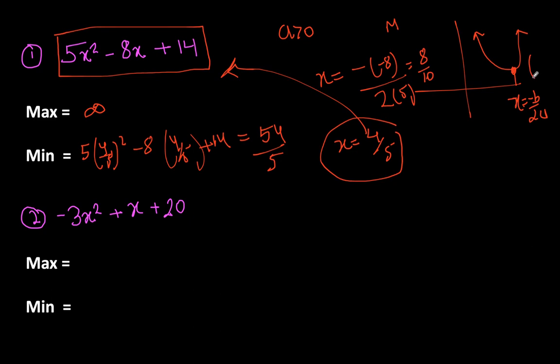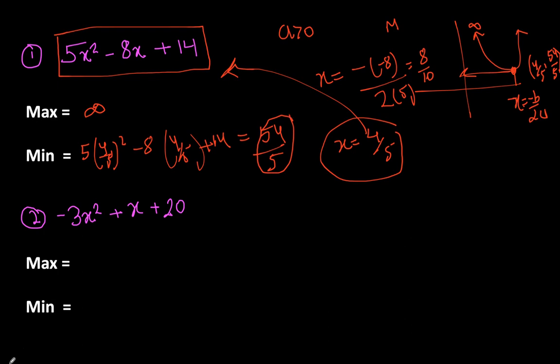So this coordinate is 4 over 5 comma 54 over 5. So we know that this is going to infinity, that's why our maximum value is infinite, and this is your minimum value. So y equal to 54 over 5 is the minimum value. So this is the quickest method you can solve any quadratic equation for maximum or minimum value.